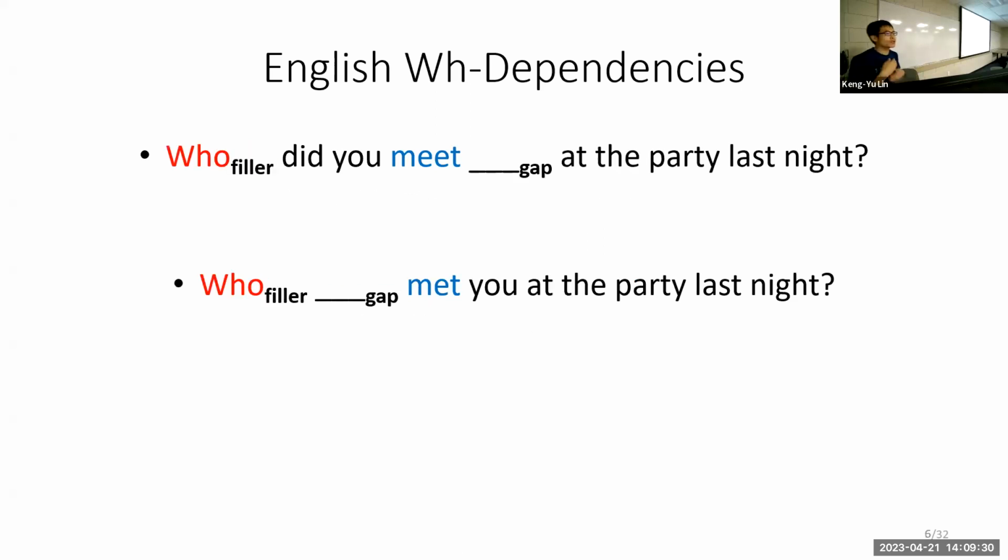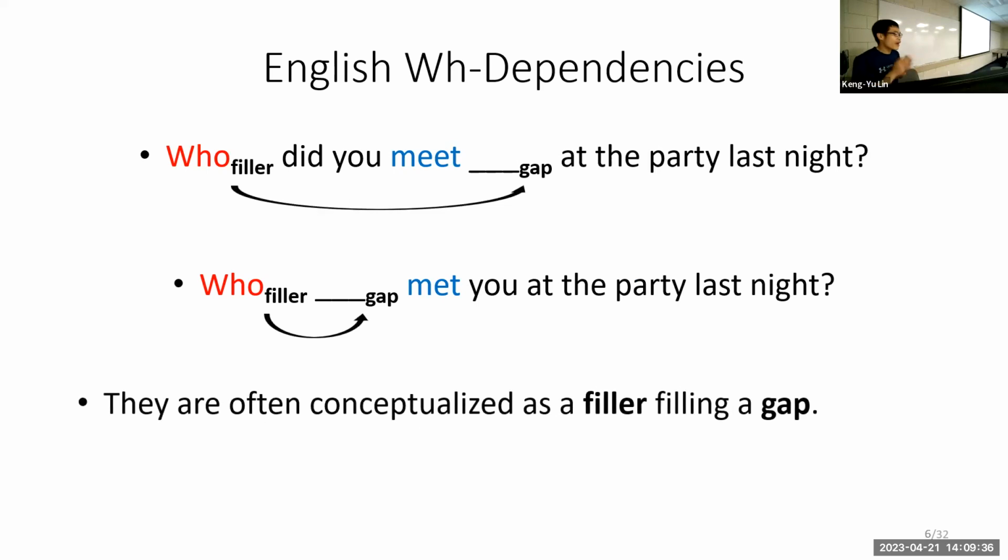And how do people in the literature conceptualize English WH dependencies? Usually they are conceptualized as a filler filling a gap. The filler here means the WH word, and the gap means the position right after the target verb that the WH word has to be associated with.